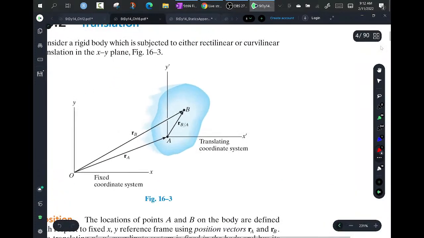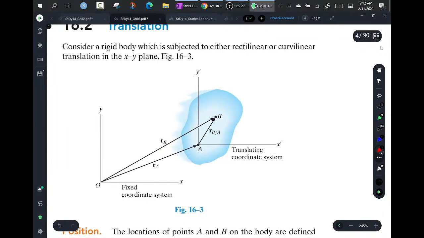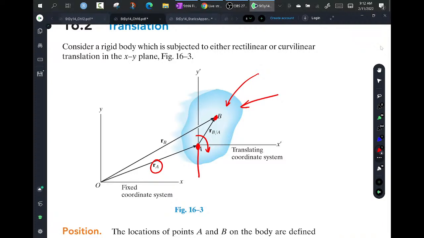So when you look at it, you're back in a position where you're looking at this, the way things were described, vector to point A that's on the rigid body, and another vector to point B, which is on the same rigid body. And then if you are sitting here staring at B, the only thing you would see is, since the distance between A and B does not increase or decrease, you would see it rotating.